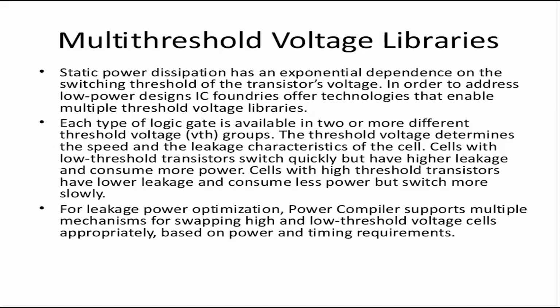Now, how do we as designers use these cells, or how does Power Compiler as an EDA tool use them? What is clear is that for all lower speed applications, where the clock frequency is lower, or the path is easier to meet, it's logical that we should use the high VT cell. Why?